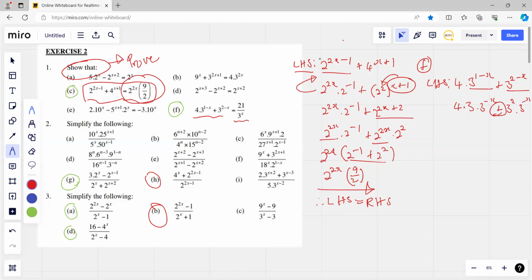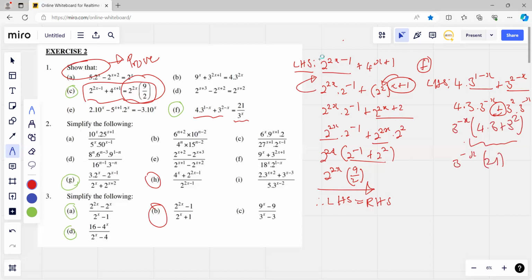Here we'll be taking out a common factor of 3 to the exponent negative x, multiplied by 4 multiplied by 3 plus 3 squared. Then we're going to calculate this part from the calculator. 3 to the negative x, then we'll get 4 times 3 plus 3 squared. We get 21.